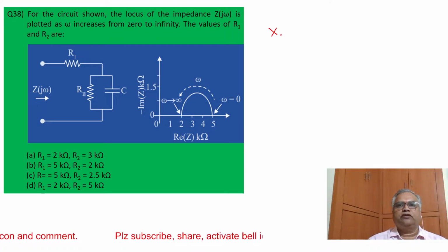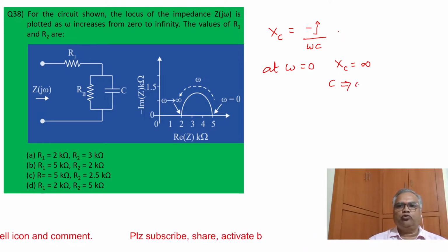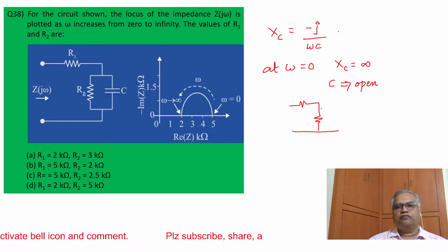Xc is minus j by omega C. At omega equal to 0, something divided by 0, so the capacitive reactance is infinite, meaning the capacitor behaves like an open circuit.